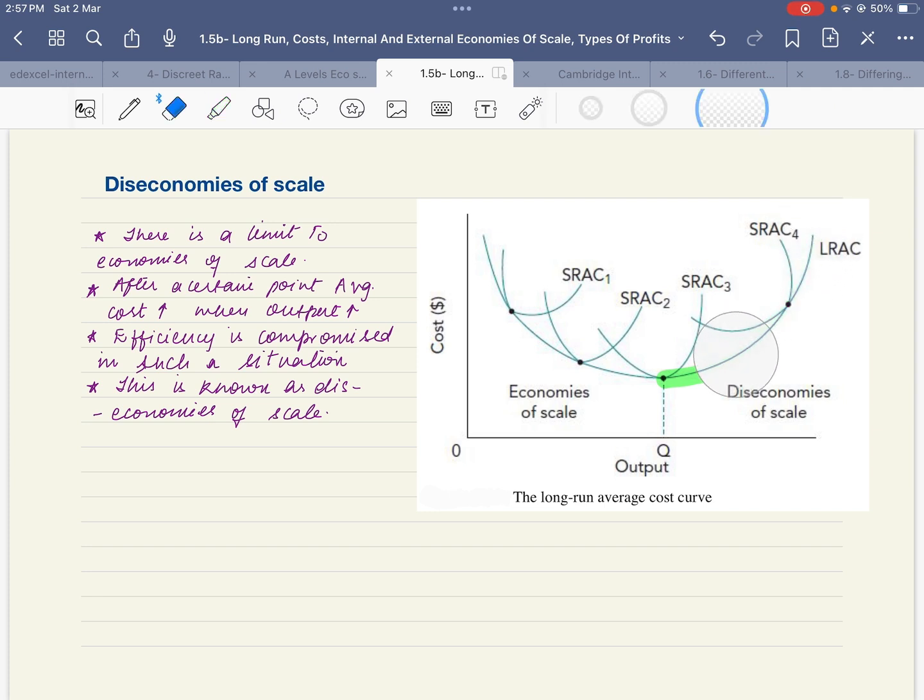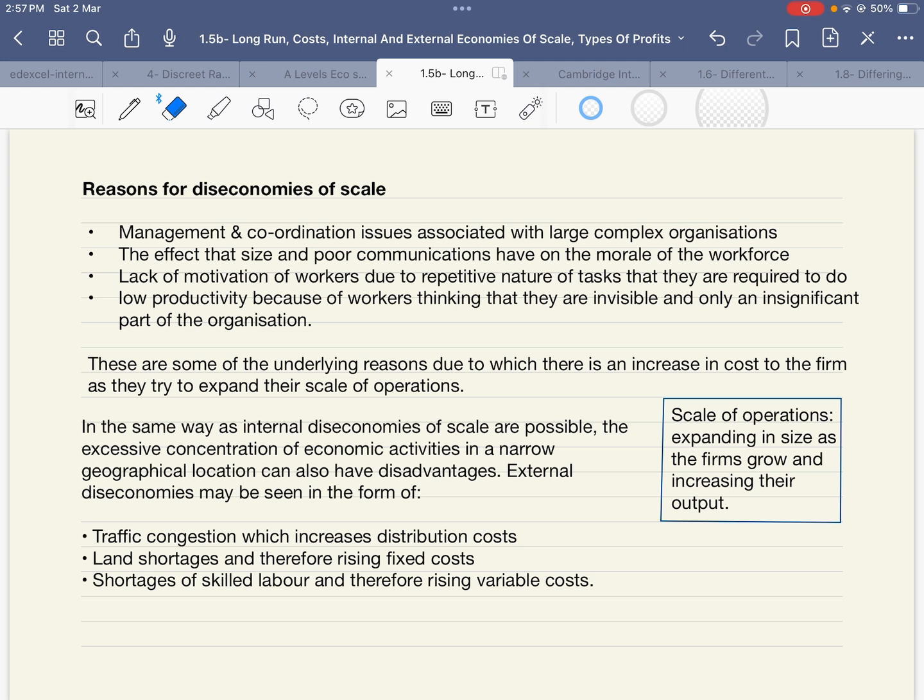Number one source is communication and management issues. As the company grows in size, it becomes more difficult to manage it and to coordinate with employees. For example, if a company is operating in multiple countries and is in an industry which is highly dynamic, they need to make decisions quickly, but as there is a time difference between zones, communication may become a problem.